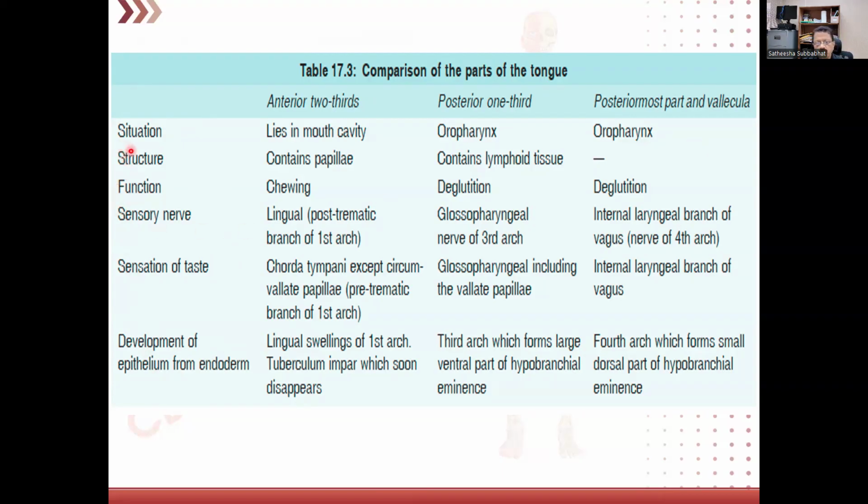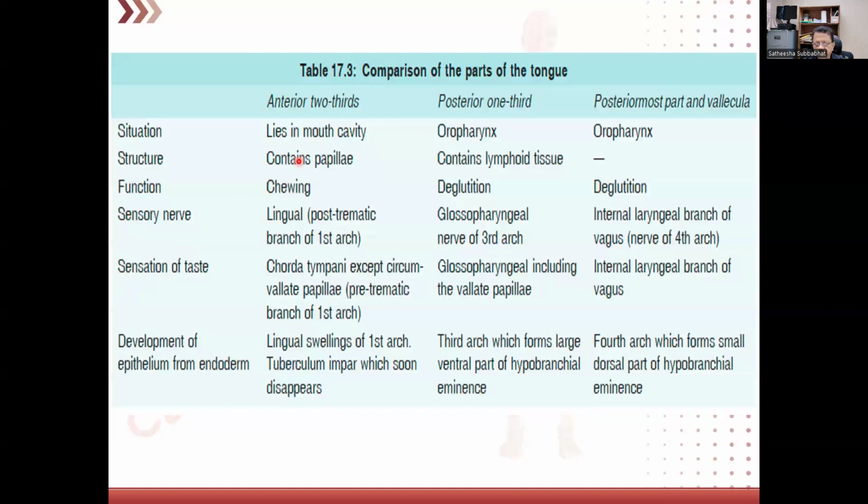As you know, the oral part, the anterior two-third, lies in the mouth, posterior one-third in the oropharynx, posteriormost also in the oropharynx. Structure: anterior part contains papillae, whereas posterior one-third contains lymphoid tissue. Function is sieving in the anterior two-third, whereas posterior one-third and posteriormost are involved during deglutition.